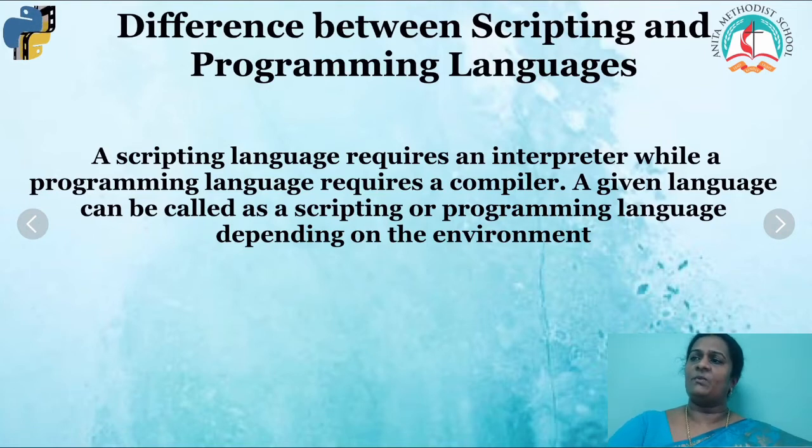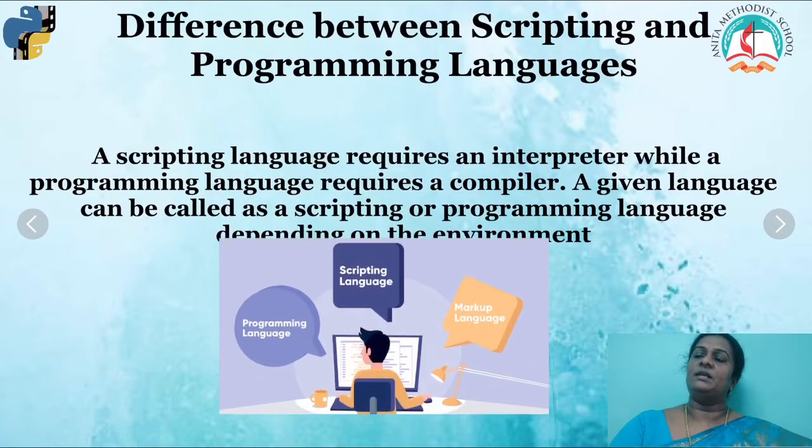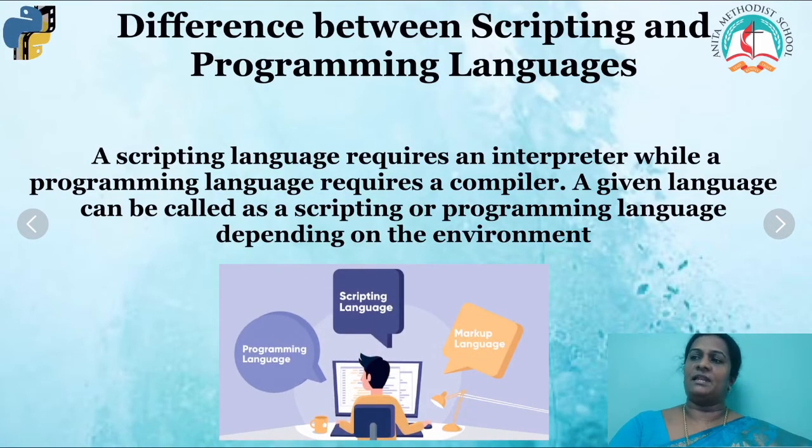A given language can be called a scripting or programming language depending upon the environment we are using. Environment, in computer terms, means the platform that we are going to use. Okay, that is all about the difference between scripting and programming languages. So here you see one more option. What is this? Markup language.